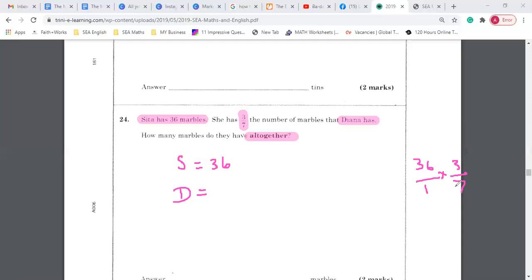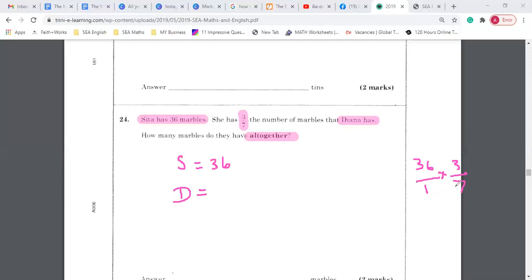Can somebody have 3/7 of a marble? What shape would that be? Right. So sometimes when you get an answer, you have to think, does this make sense? Can somebody have 3/7 of a marble? No, you either have a whole or you have none of it. Right?